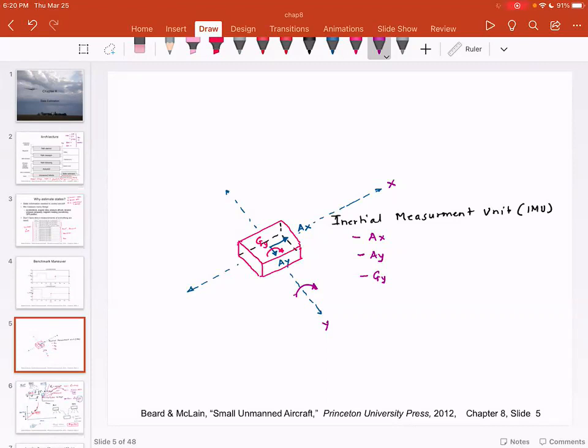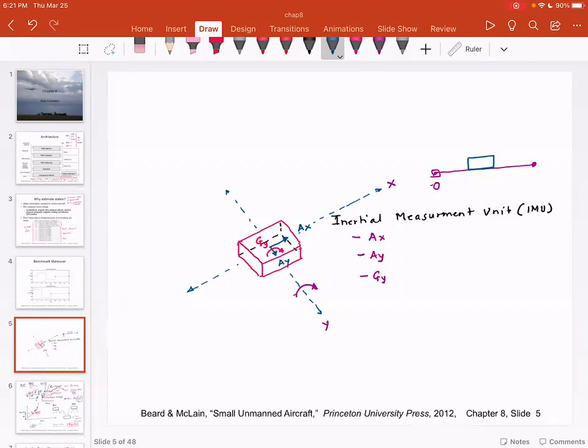And here is the problem that I want to solve. I'm going to mount this accelerometer on a platform that is hinged at one end. So this is the hinge, and this is the platform. This accelerometer is mounted over here.